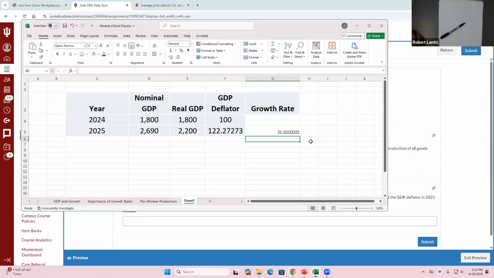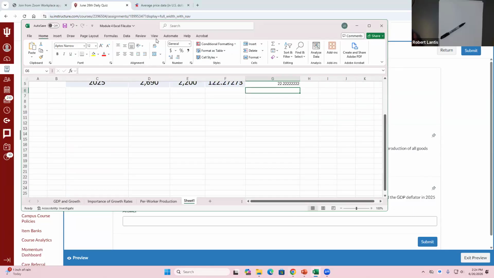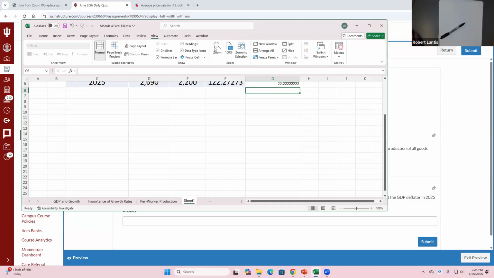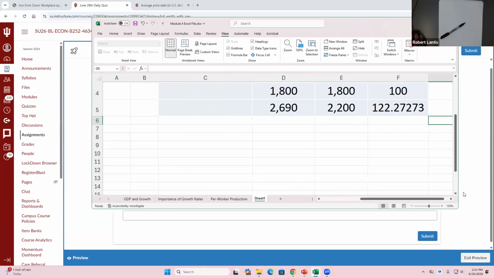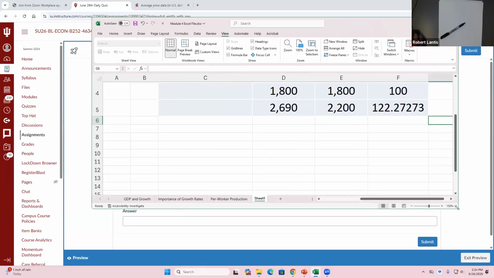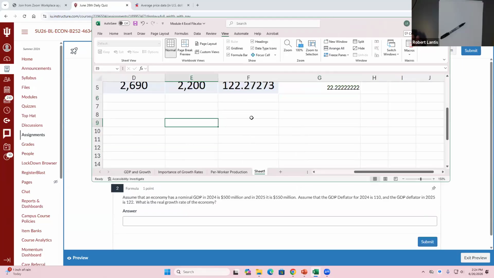I'm going to actually use Excel, and we're going to change the view here so we can see things a little bit better, just so that we can grab these values. You could do this by hand. I think it'll be a little bit easier here so we can see the intermediate steps. So here I've got 2024, 2025.